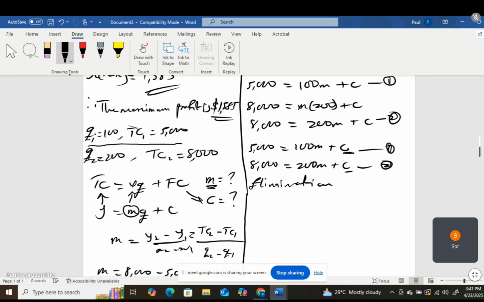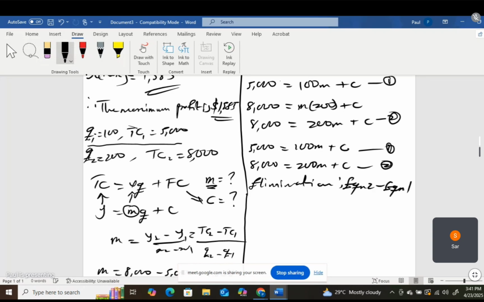You get 0, right? So the elimination is that equation 2 minus equation 1.